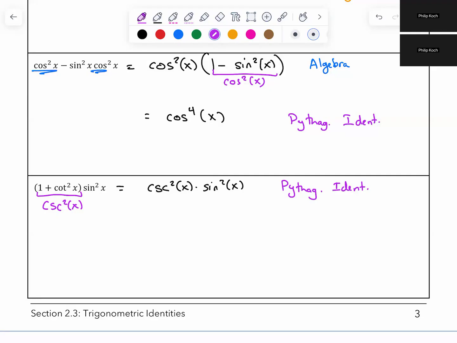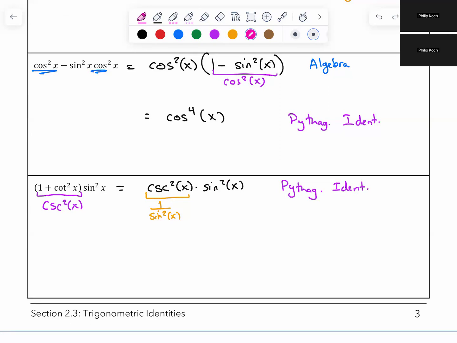Then the answer should be 1, because cosecant squared is 1 over sine squared of x, and so those are going to cancel. I guess I need to write this down in 2 steps.